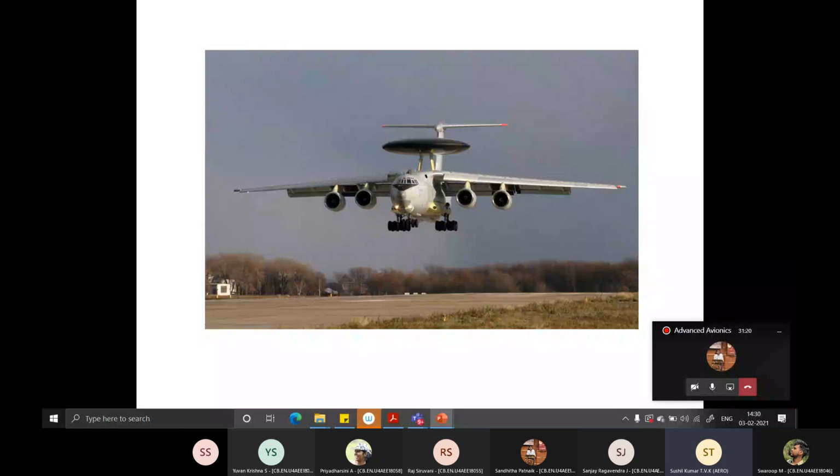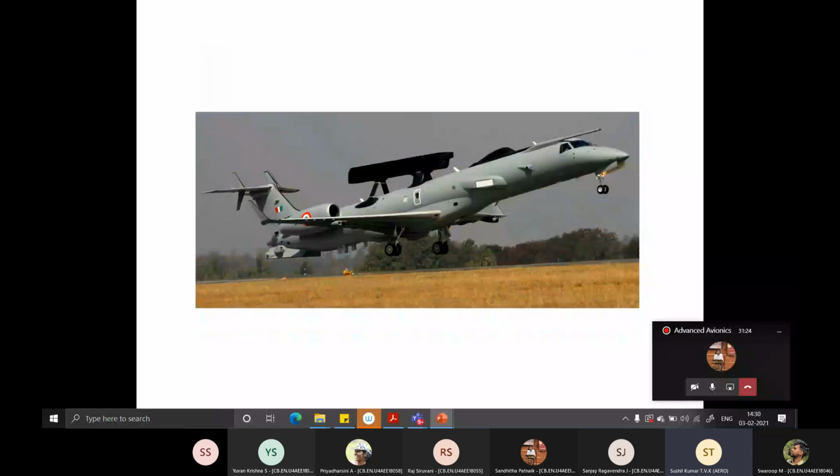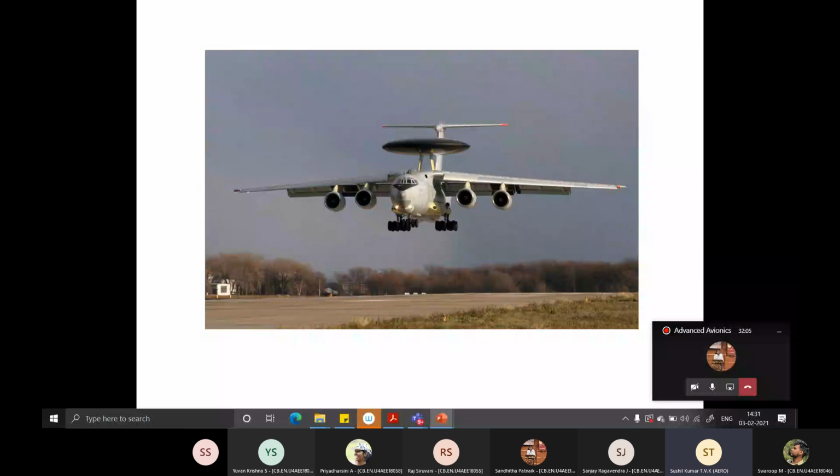You can see the radar mounted on the aircraft, and here also you can see it, apart from the color and all this stuff. Just look at the antenna. That itself is going to give you some clue.